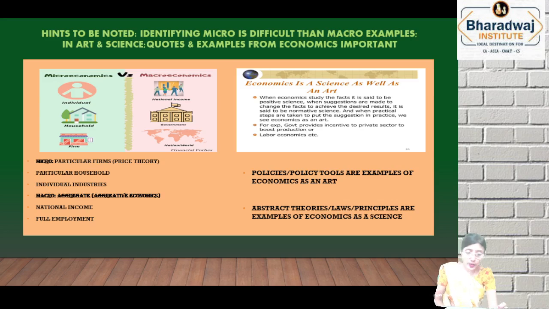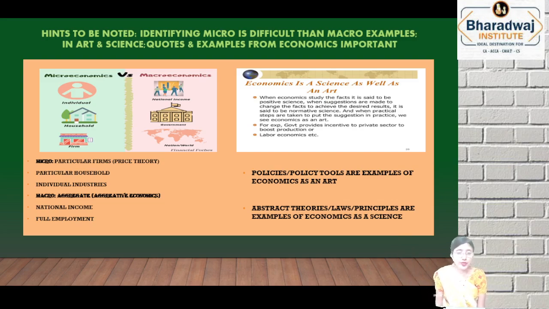Now, likewise, in art and science, any policy tool is an example of an art. Economics as an art: policy tools. And abstract theories, laws and principles are examples of economics as a science. Are you clear? Now please understand, any policy measure, they'll just give you as a policy measure, and they will ask you, is it an art or a science or what?